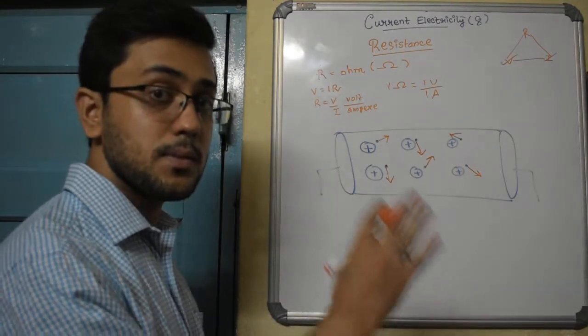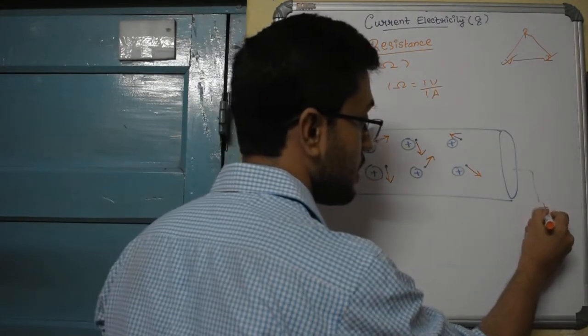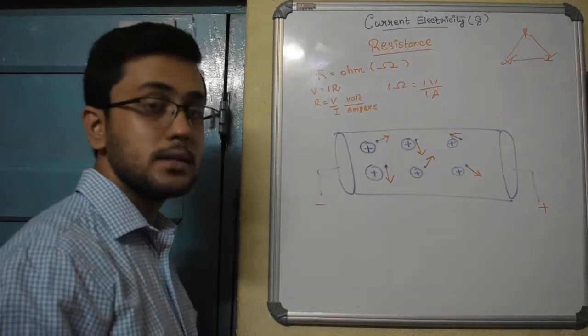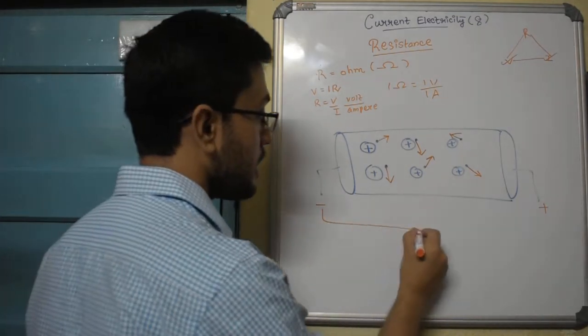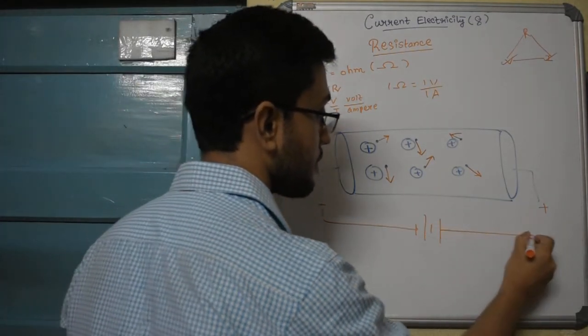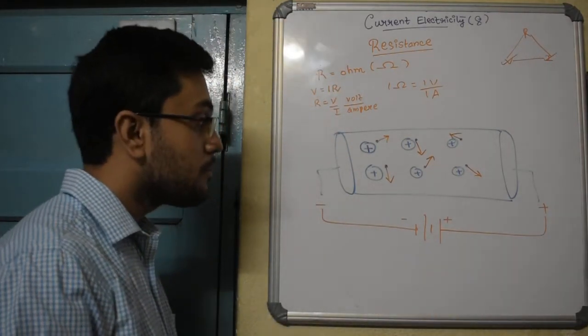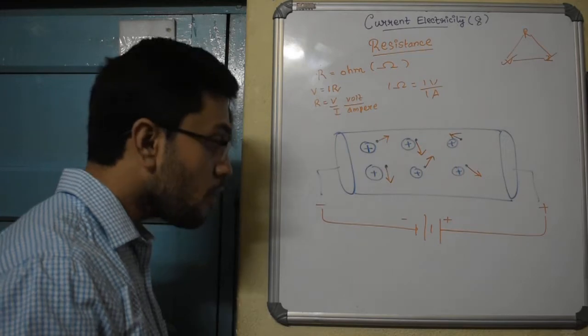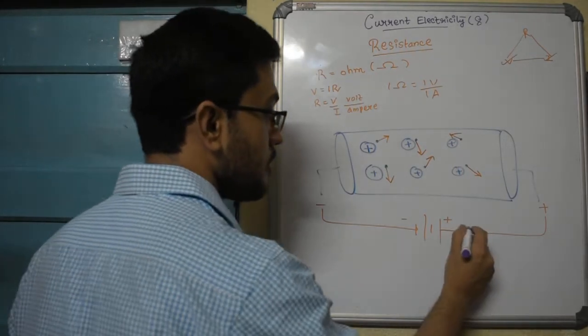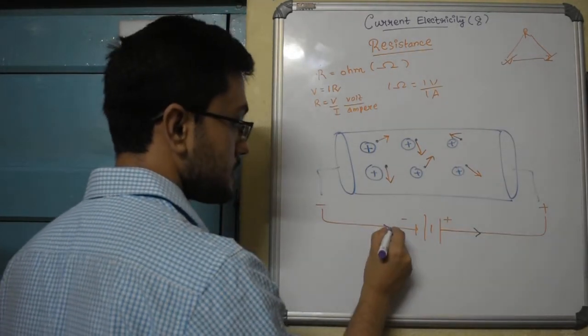But as soon as a potential difference is applied, say I apply a potential difference like this by connecting it to the ends of a battery. This is the plus end of the battery, this is the negative end. Now what will happen as soon as I do this? Well, current will be flowing from the plus to the minus side.